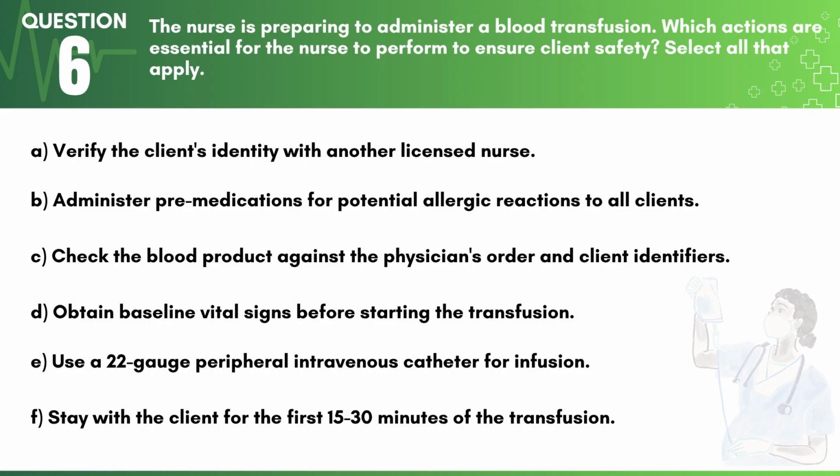C. Check the blood product against the physician's order and client identifiers. D. Obtain baseline vital signs before starting the transfusion. E. Use a 22-gauge peripheral intravenous catheter for infusion. F. Stay with the client for the first 15 to 30 minutes of the transfusion.